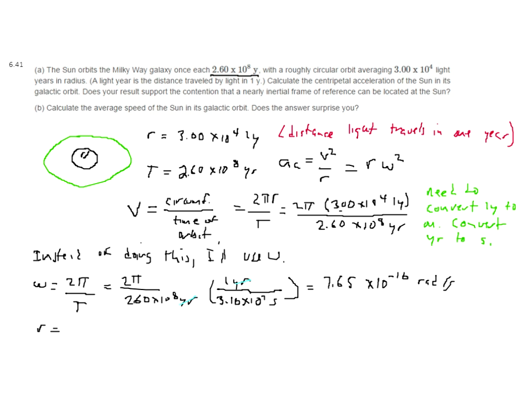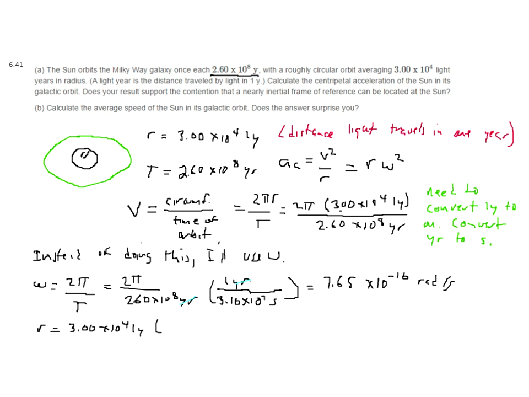So r is 3.00 times 10 to the 4th light years. And we need to convert that into the units of meters.